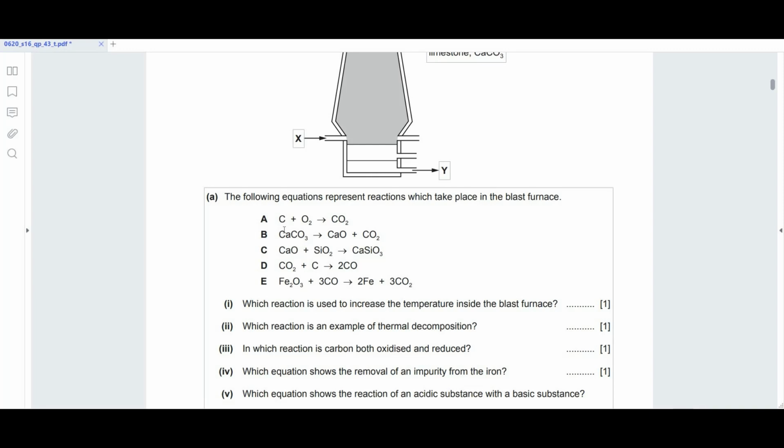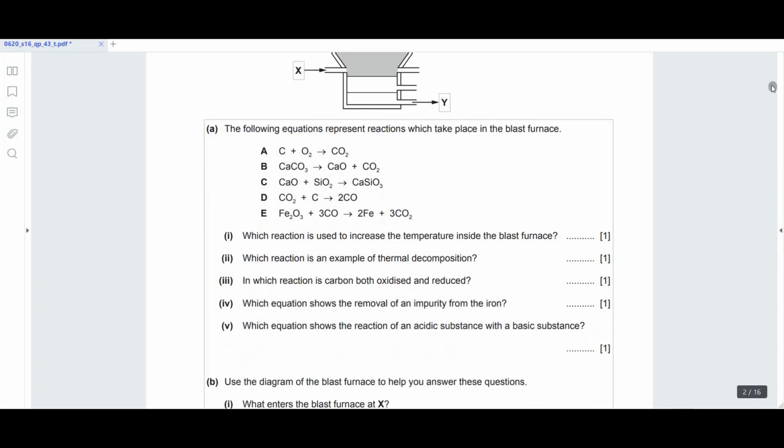Reaction D is the reaction of carbon dioxide and coke, the impure carbon, which will form carbon monoxide. And reaction E is the reaction between iron oxide and carbon monoxide, which will form pure molten iron and carbon dioxide.